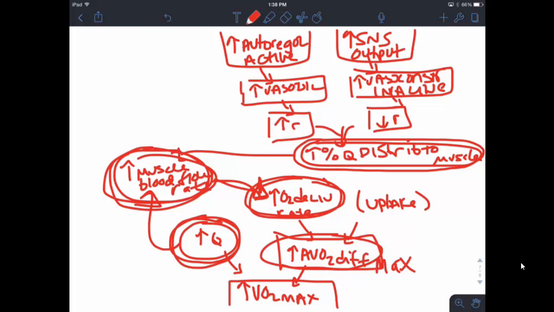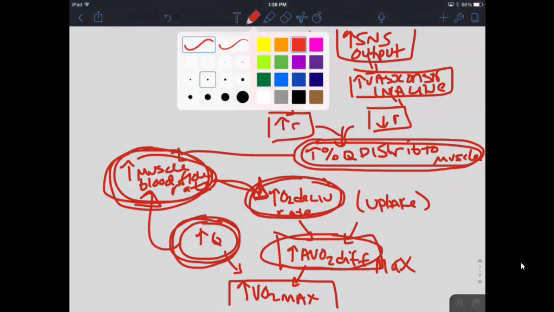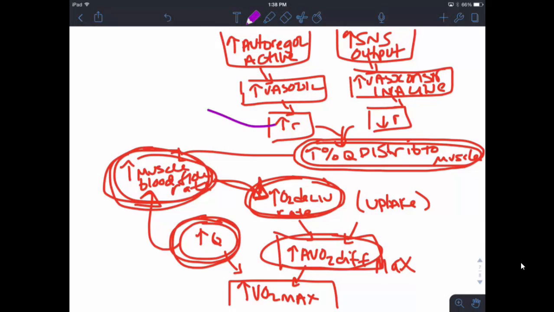Now there's another side effect that comes off these effectors. Okay, so what we're going to do now is talk about this increase in radius. Because what we see is that overall in the body, the increase in radius is greater than the decrease in radius. So what we see in the body is an overall increase in radius. And when you hear increase in radius, you should be thinking about peripheral resistance.